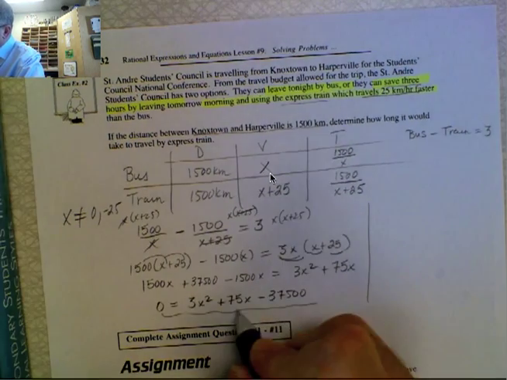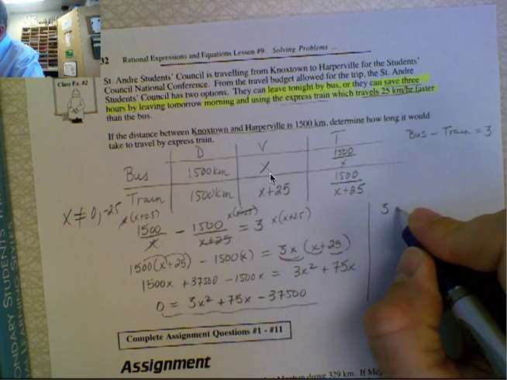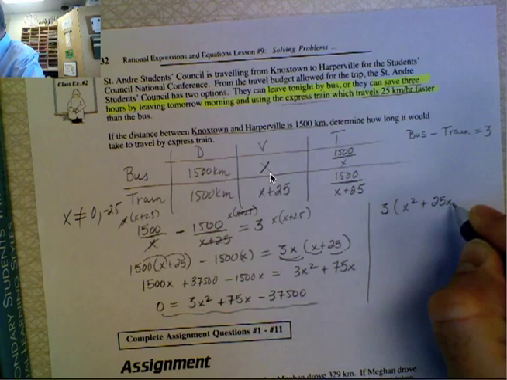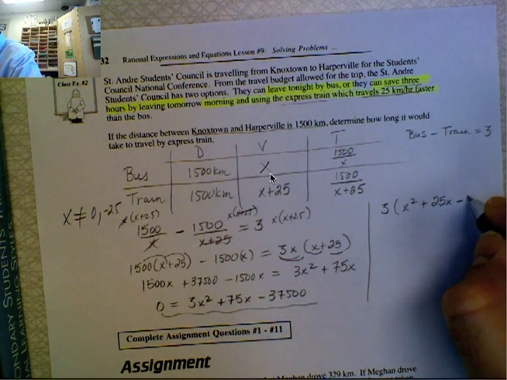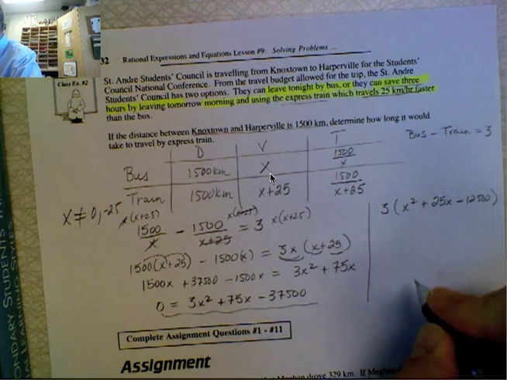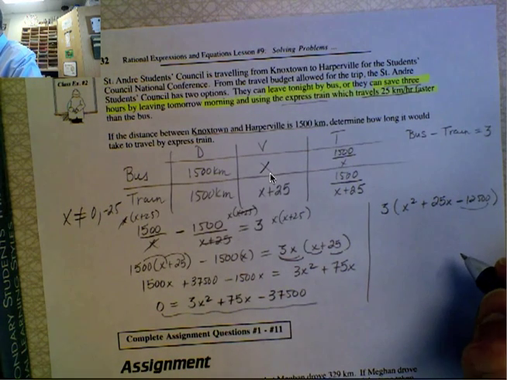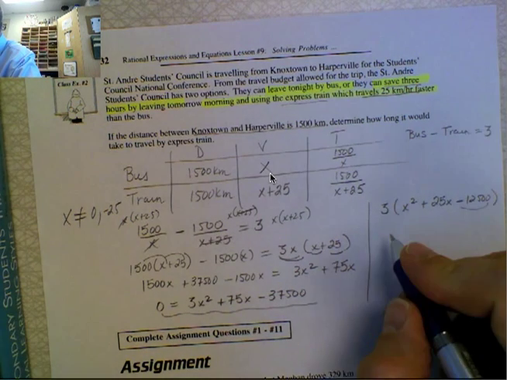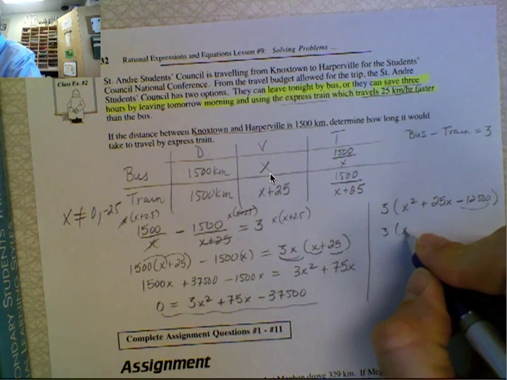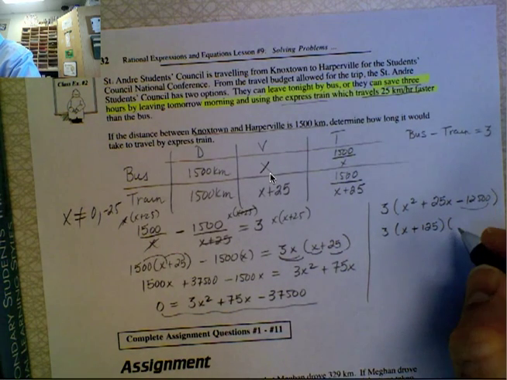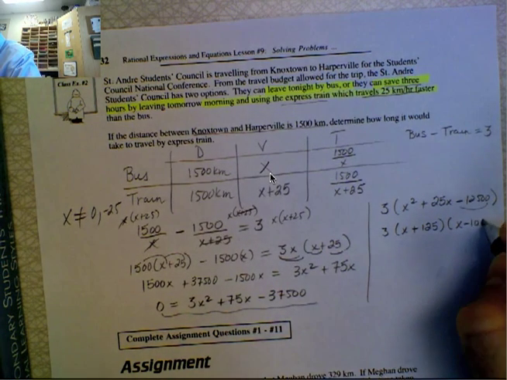Well, the first thing I can do to factor this is I can take out a 3. And that leaves me with x squared plus 25x minus 12,500. And if I find two numbers that multiply to negative 12,500 and add to 25, those factors are x plus 125 and x minus 100.